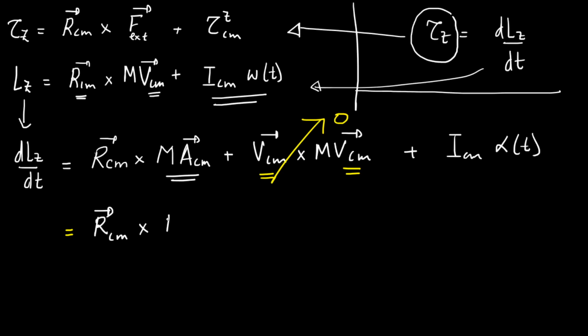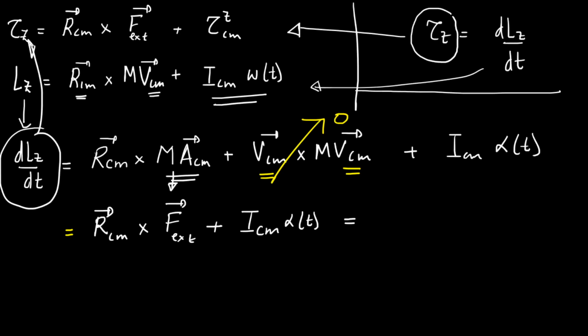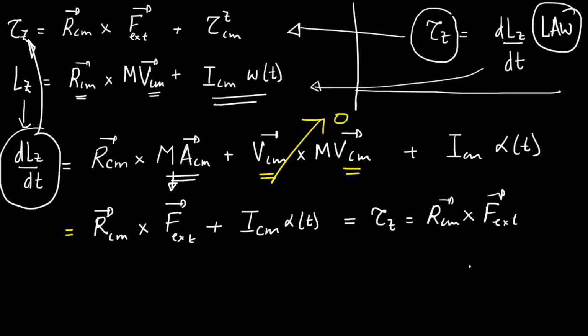So you have no issues with accepting that this is equal to force external, plus ICM alpha t. Now this is equal to tau, says who? The law. And therefore I shall equate it directly to tau z, which happens to be RCM cross F external, plus tau CMZ, and there you go.